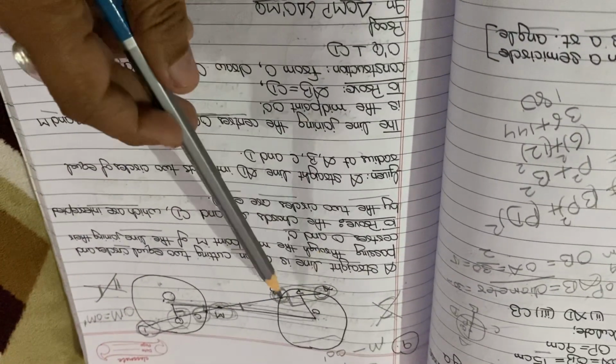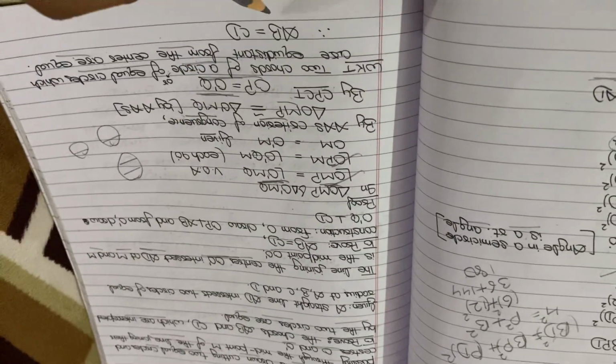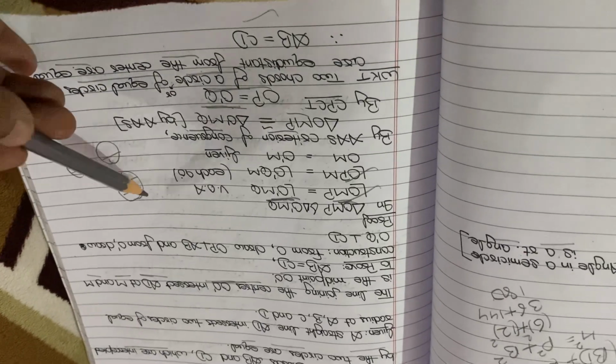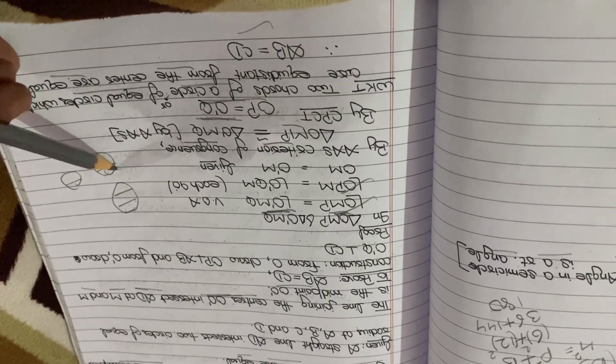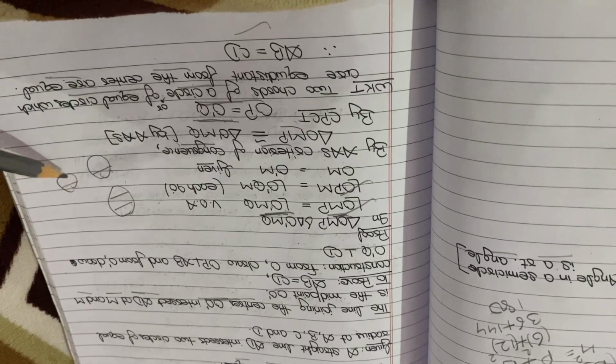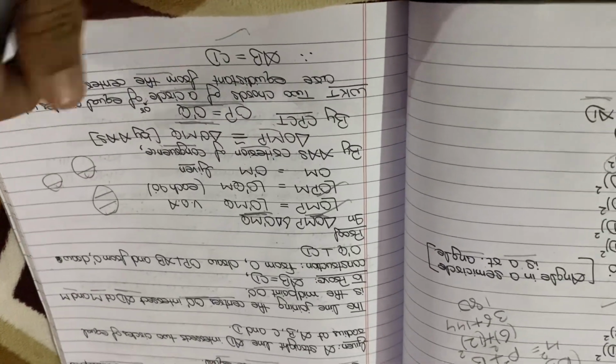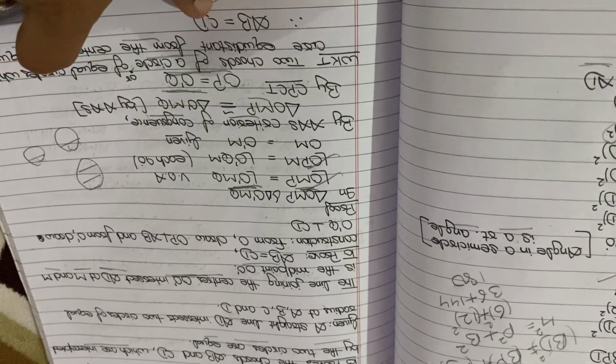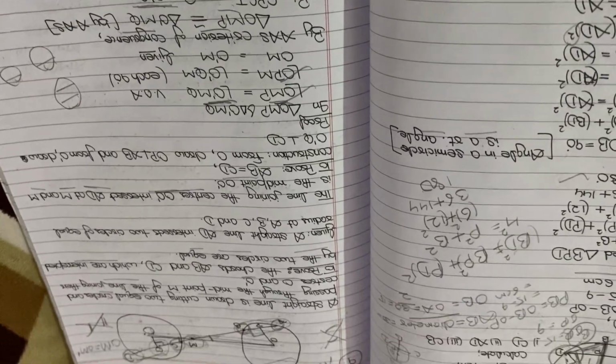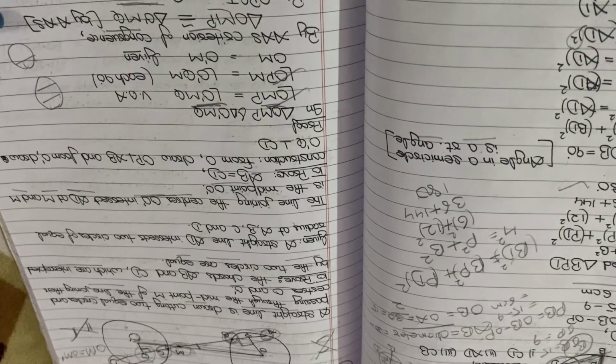First I proved that both triangles are congruent, and by CPCT OP is equal to O dash Q. Two chords of equal circles which are at equal distance from the center are equal. Therefore, AB is equal to CD. So this is question number 9, which is completed.